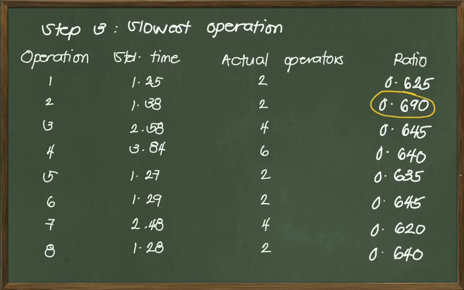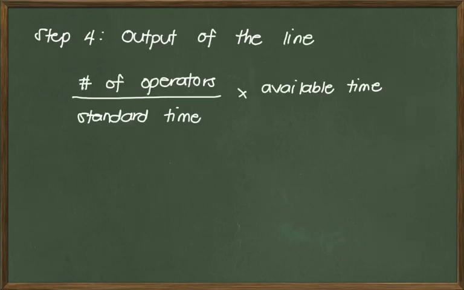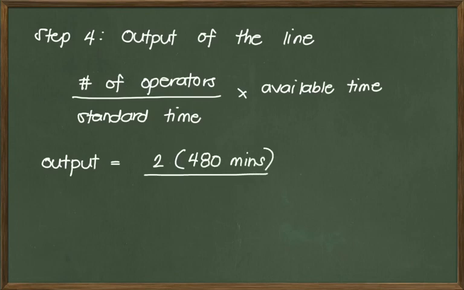Again, whatever our standard time unit is, that should also be the unit of our available time. So to know the output, we have 2 operators, multiplied by 480 minutes, divided by 1.38 minutes. That will give us a rough estimate of 695.65.